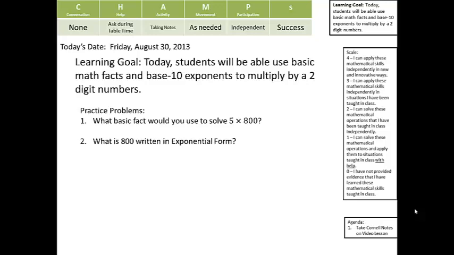Our second practice problem is to write 800 in its exponential form. Our third practice problem is to write the expression that equals 5 times 800 using exponential form.